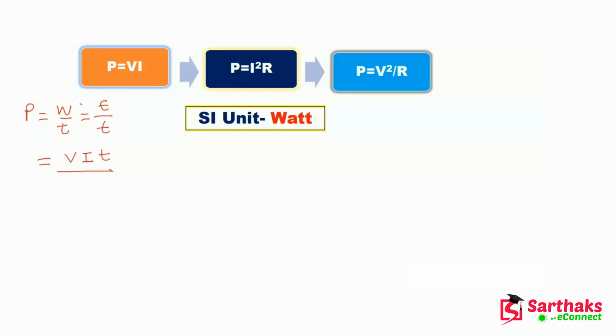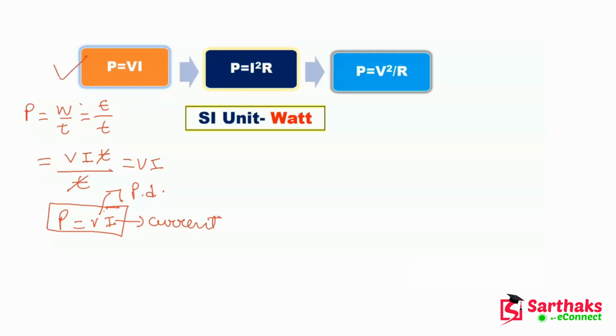Here you will write T, and this T will cancel this T, and we will get VI. So P will be equal to V multiplied by I. V is the potential difference, and I is the current. So this is the first formula of power.